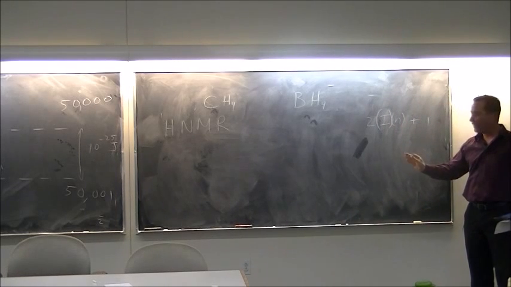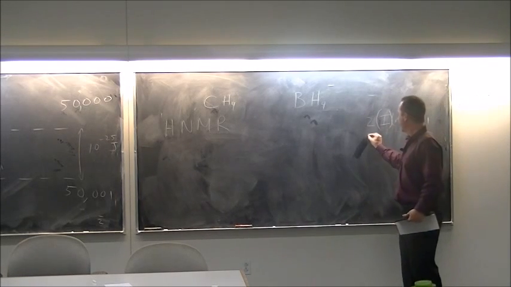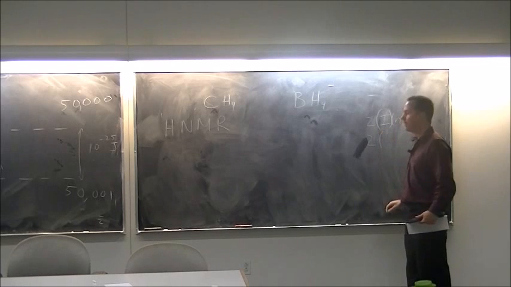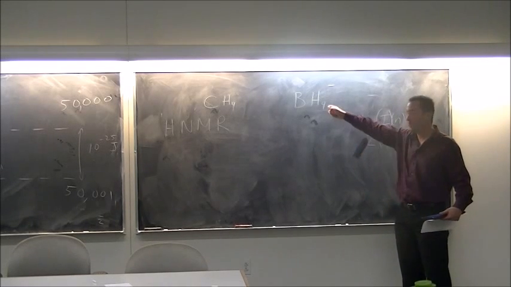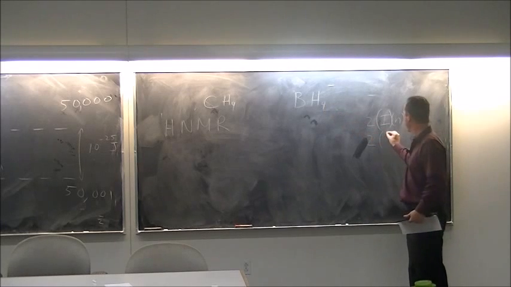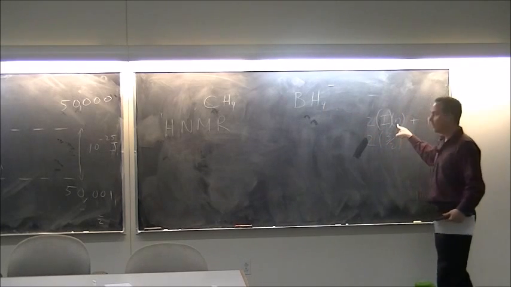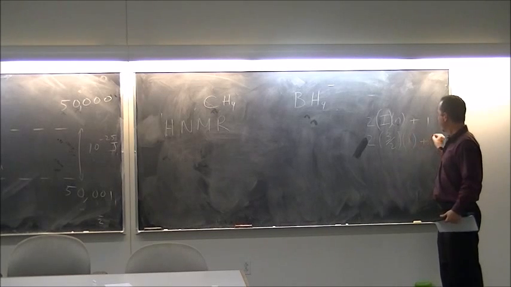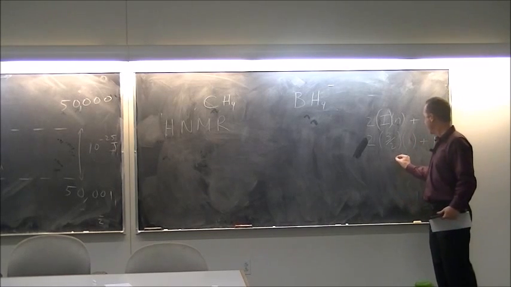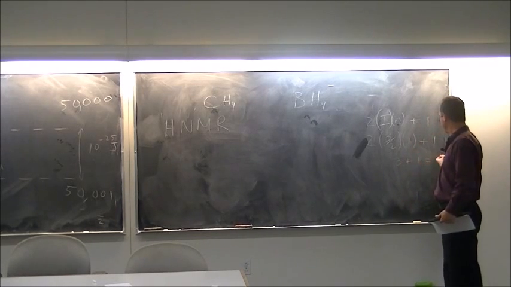I'm just going to do the demonstration. 2 times the spin of the species that is coupling, which is boron 3/2. How many borons with spin 3/2 are there? 1, so that means 3 plus 1 means 4.